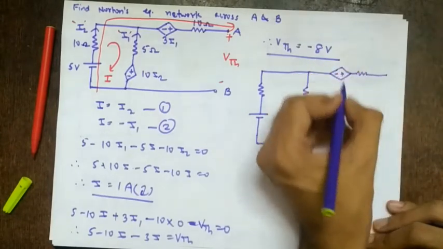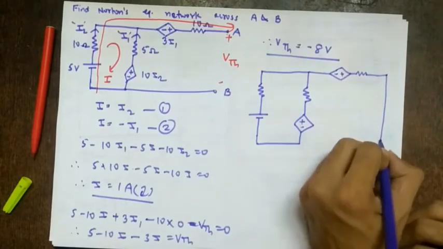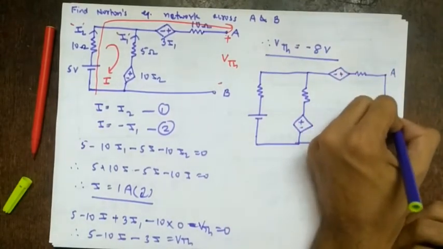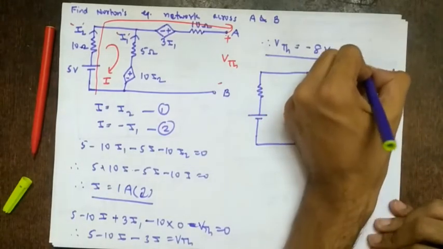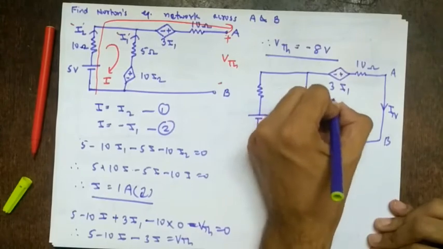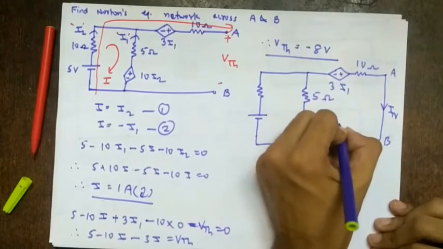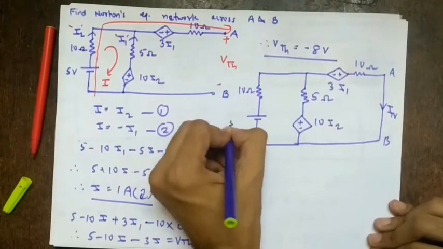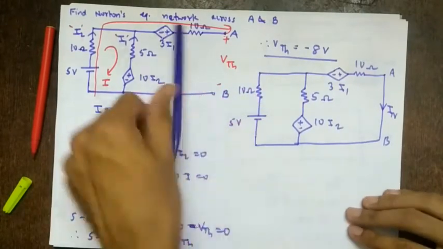For that it is VTH upon IN. So we short the terminals. So this is A, B, this is IN. So this is 10 ohms, this is 3 I1, this is 5 ohms, this is 10 I2, this is 10 ohms, 5 volts.